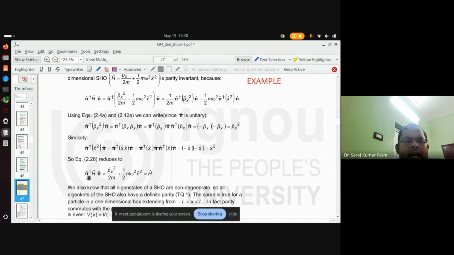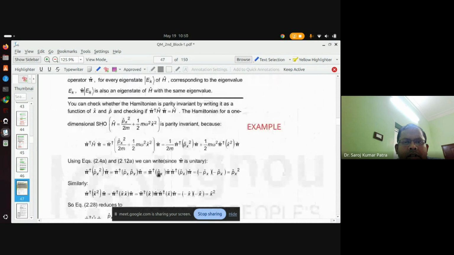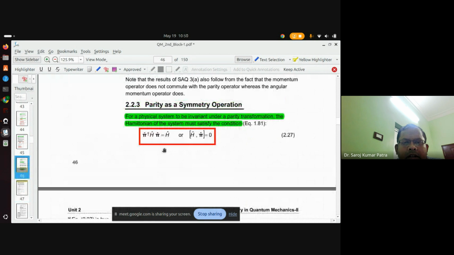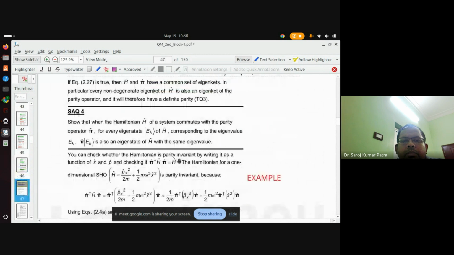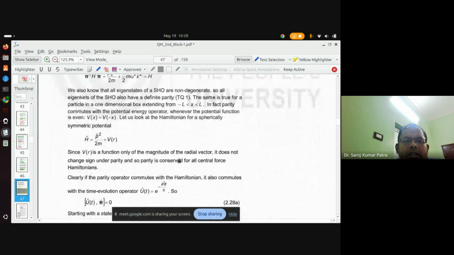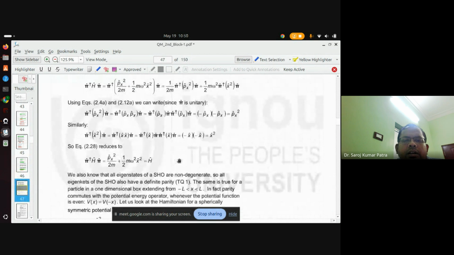So pi dag H pi is equal to H. That means what? It commutes, right? That is what it was telling you, that pi dag H pi is equal to H. That means the system is invariant under parity. So the simple harmonic oscillator is invariant under parity.